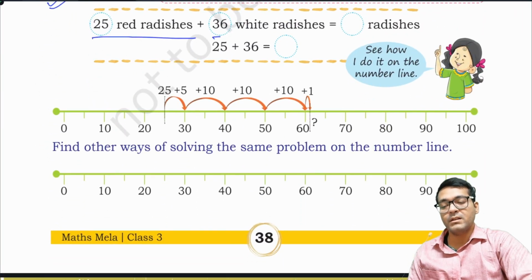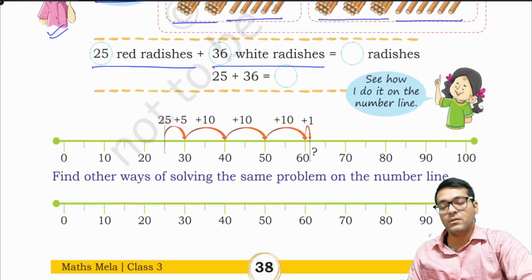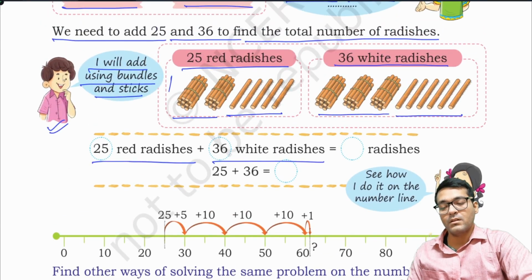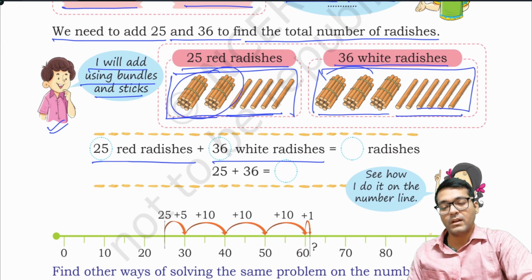Let's count, here 25, here 36. That means 2 tens and 3 tens makes 5 tens. That means 50 and 5 here and 5 here.